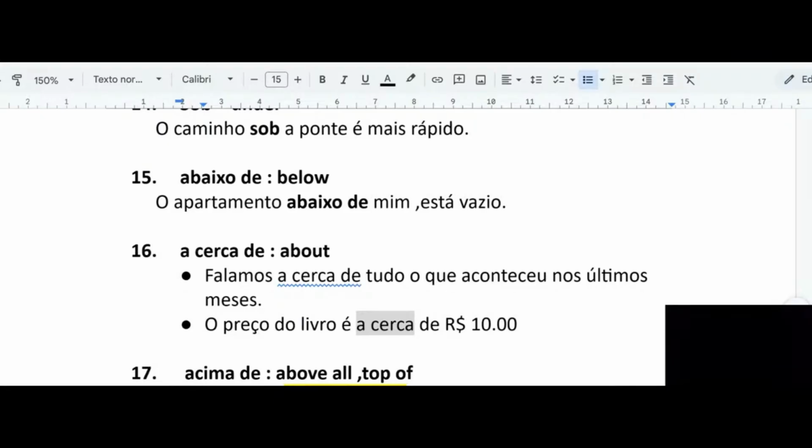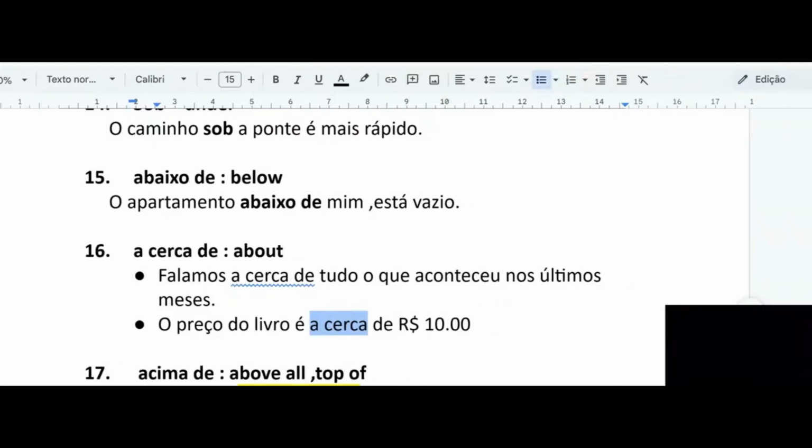Because we are talking about numbers. If you put sobre there, it is correct, but in a different meaning. And I will never advise my student to put sobre there. Why? If you say, o preço do livro é sobre R$ 10, the price of the book is about 10, you're telling us that the price is giving an idea of 10.